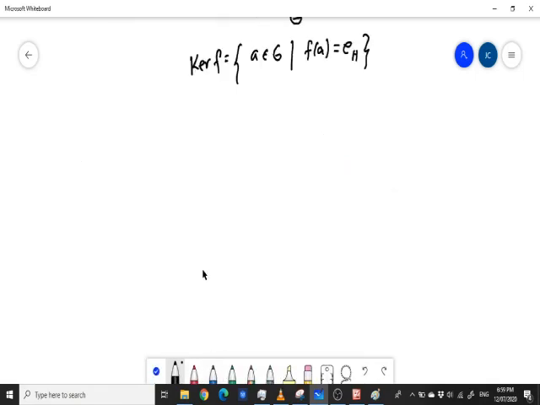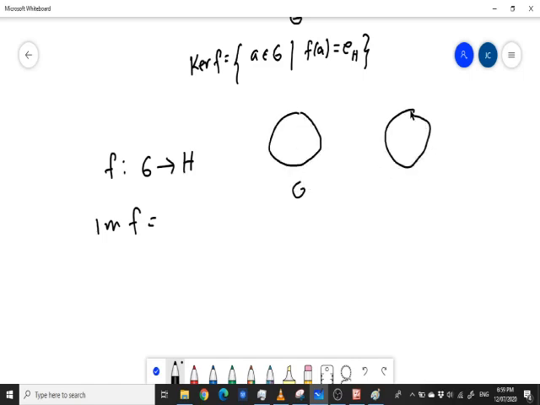Next term to define is the image. It's actually quite simple. The image of F. So again, F is a function mapping from G to H. So the image of F, okay, so ganito lang. So again, meron kang G, meron kang H. So, function.